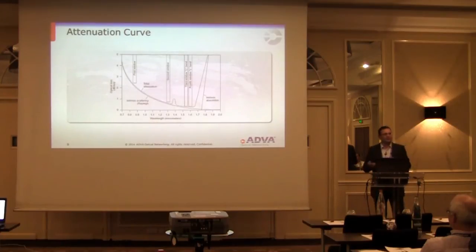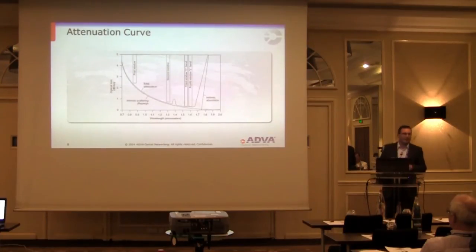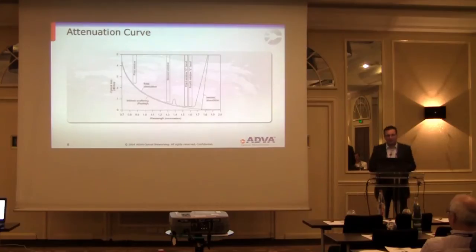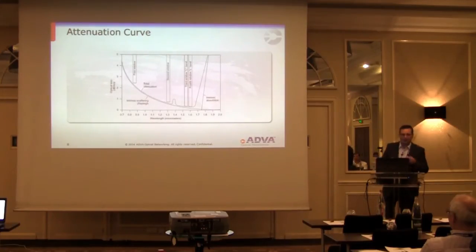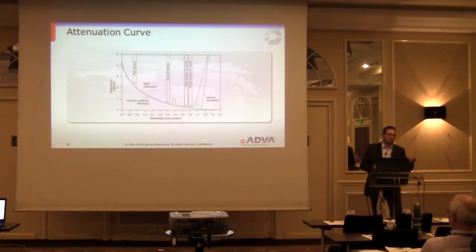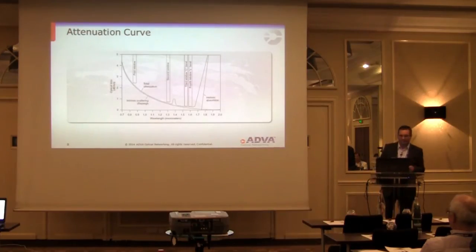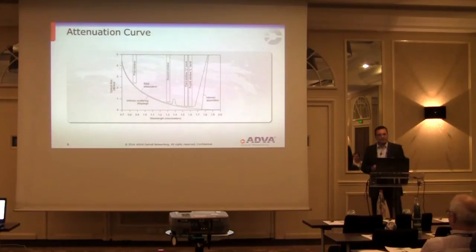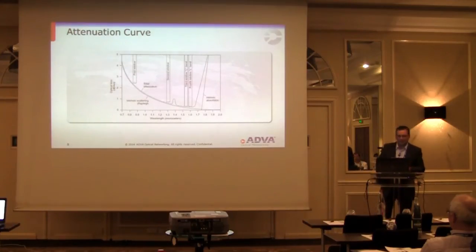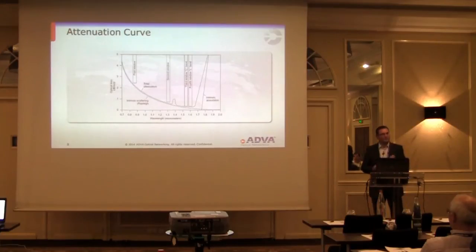There are too many effects which are disturbing it. And this is why some years later we came to the third window, which has a C-band and an L-band, attenuation even lower, technology even more complex. But today we can handle this. And we can do a lot of cool things on the WDM side because dispersion is okay, attenuation is okay. So this is where we're talking about.